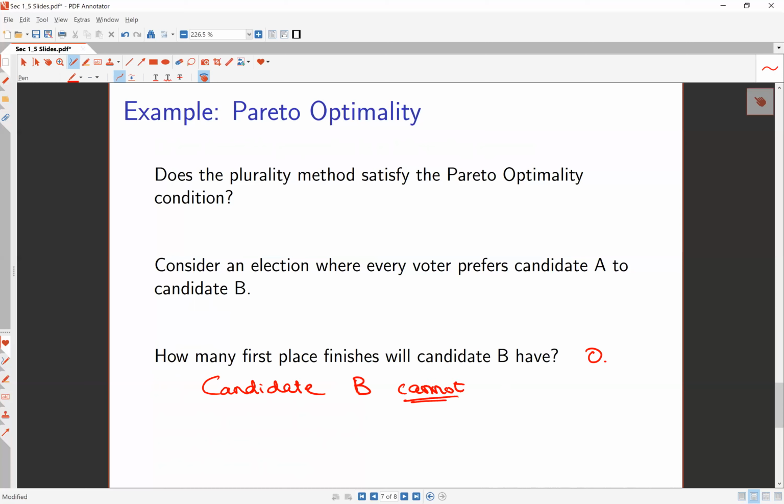And so that is Pareto optimality here. Candidate B cannot come out ahead of candidate A. Candidate A has the potential to win this election. Someone else has the potential to win this election, but not candidate B, because candidate B is always ranked lower than A, and so will never receive any votes.